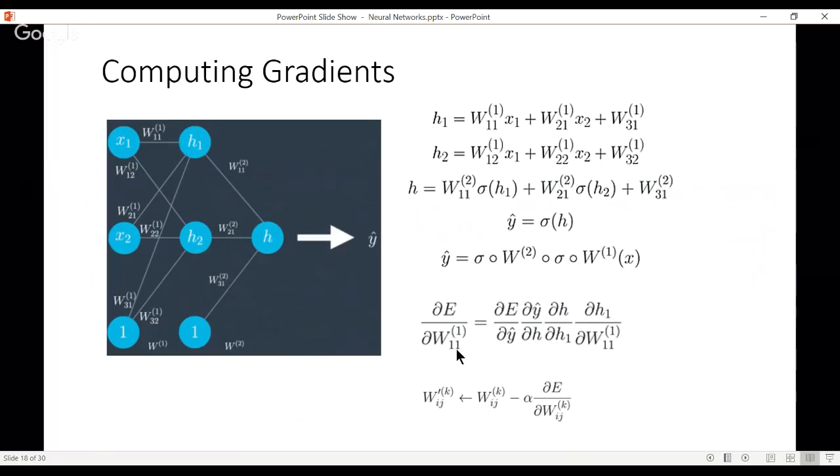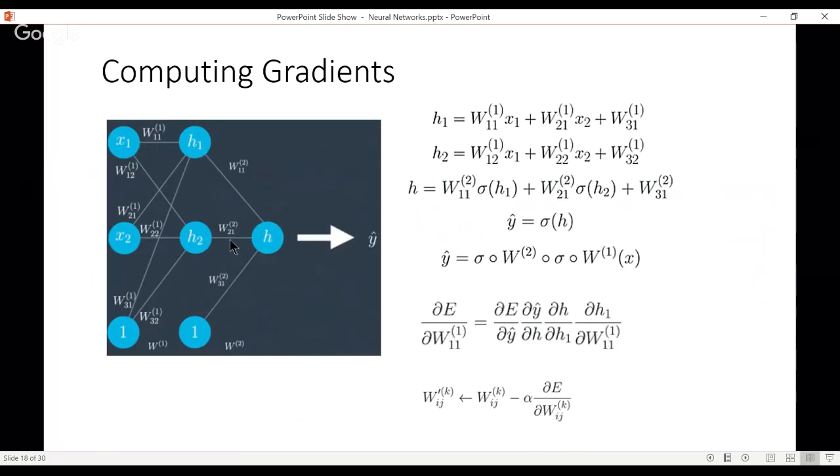So in order to find the derivative of E with respect to this weight W11, you first take the derivative of E with respect to y, then y with respect to h, then h with respect to h1, and then h1 with respect to W11.